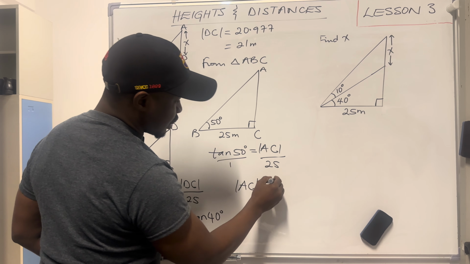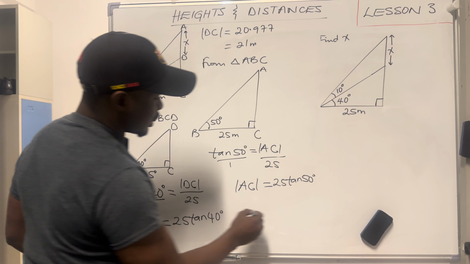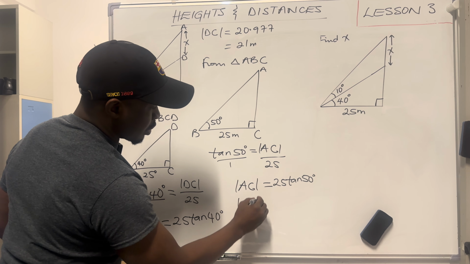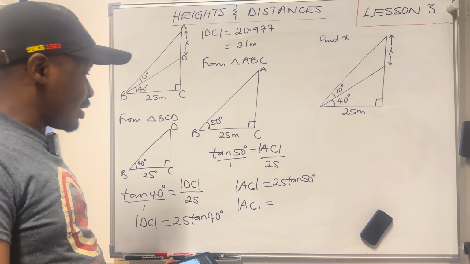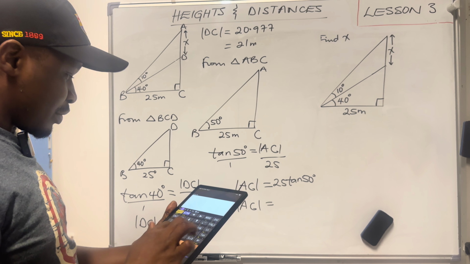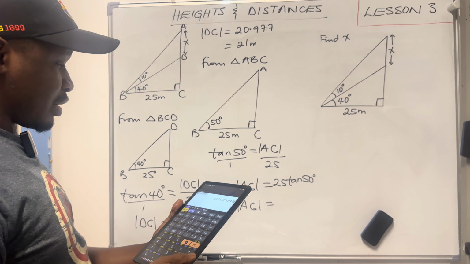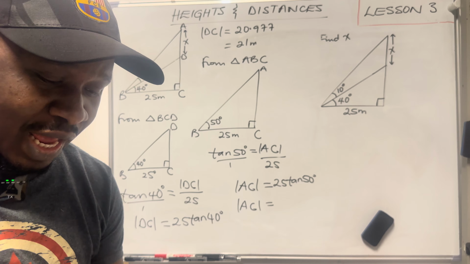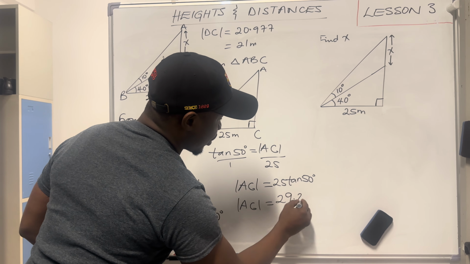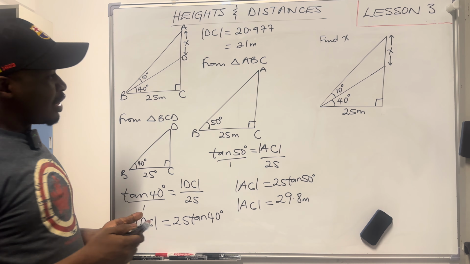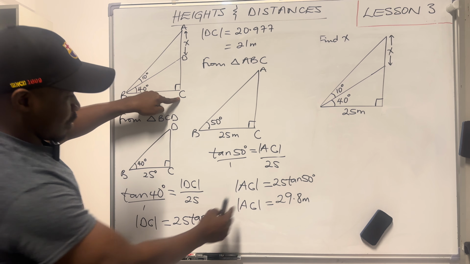Tan 50 times 25, 25 tan 50 degrees. So what is 25 tan 50? 29.79. So we can say 29.8 meters.